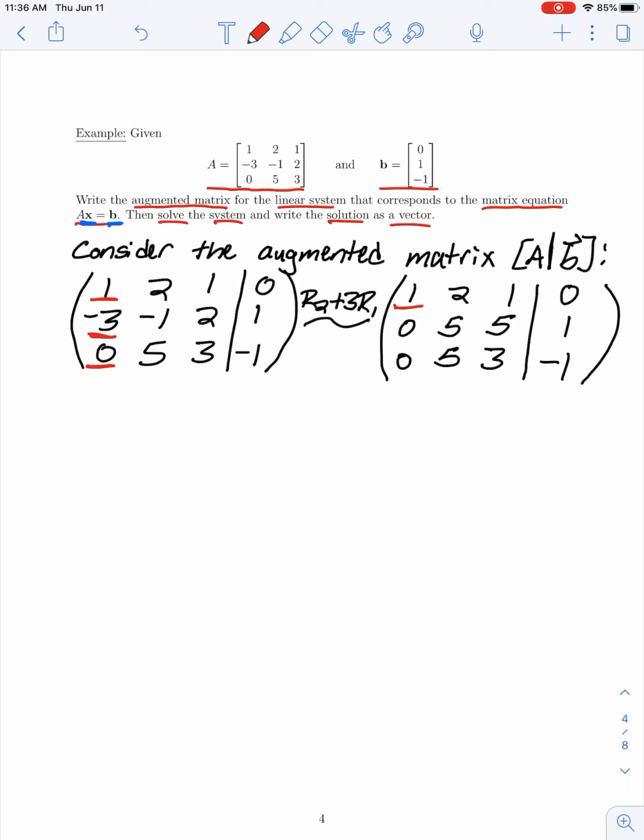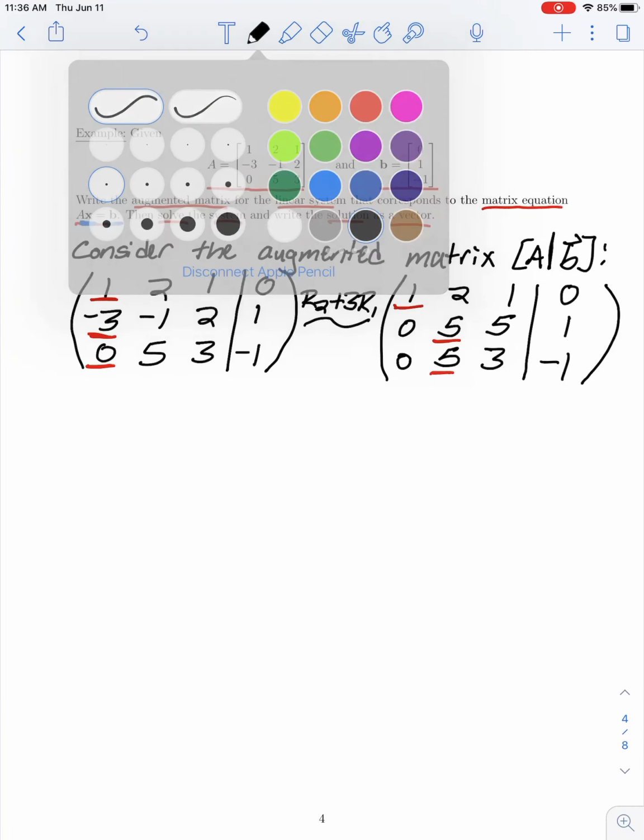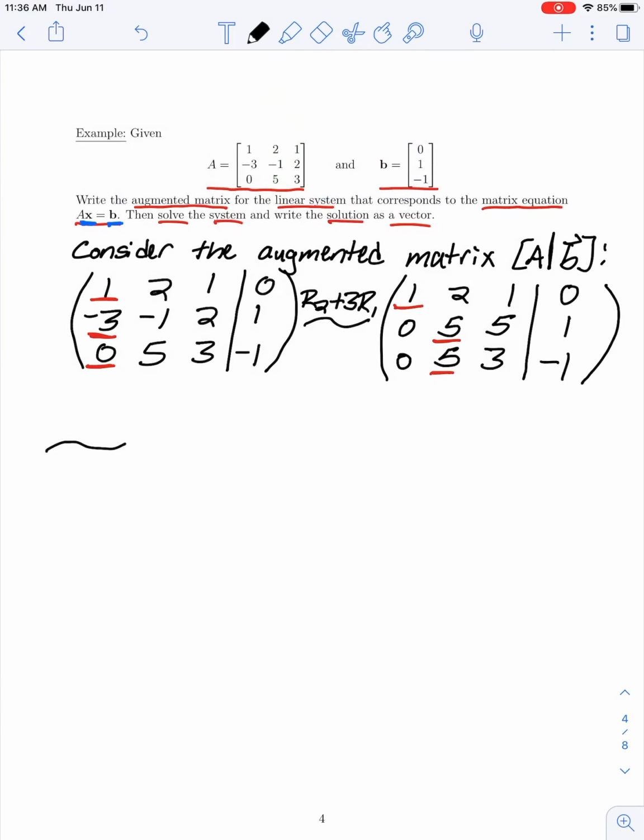So moving to the leading entry in my second row, I have a constant of 5, and I want to try to kill off the entries above and below that value. Looking below this value of 5, the leading entry in my third row is also 5. So I could simplify there pretty easily by taking my third row and subtracting the second row from it. So for right now, I'm going to leave my first row alone.